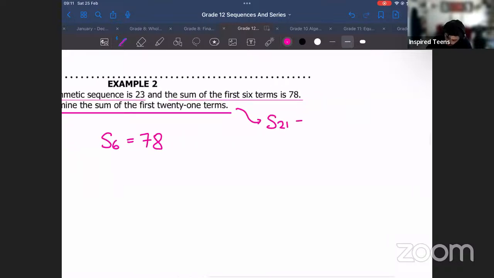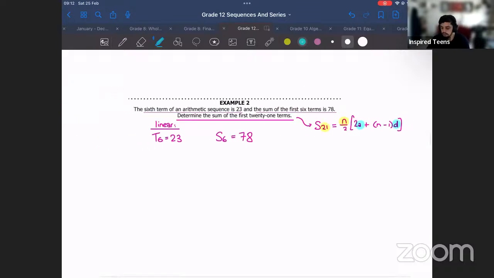In order to calculate S21, n over 2 times (2a plus (n minus 1) times the difference). You have 21 for n, but you don't have a, and you don't have your difference. So that's what you need to solve for by utilizing this.